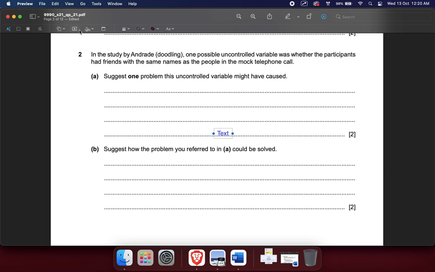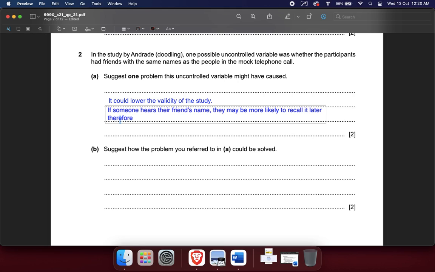For example, let's try this. First, we identify one problem. So what could the problem be? The problem could be something as simple as it could lower the validity of the study. Now, that's 1 mark if you can identify a problem. The second mark comes from explaining why this is a problem, right? Why does it lower the validity, right? Because it lowers the validity because if someone hears their friend's name, they may be more likely to recall it later.